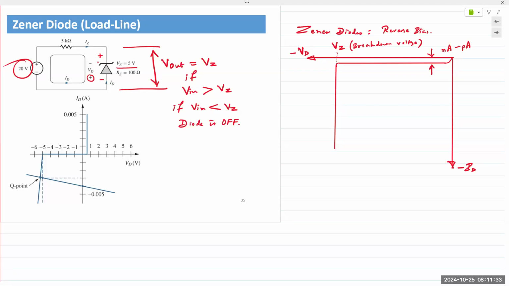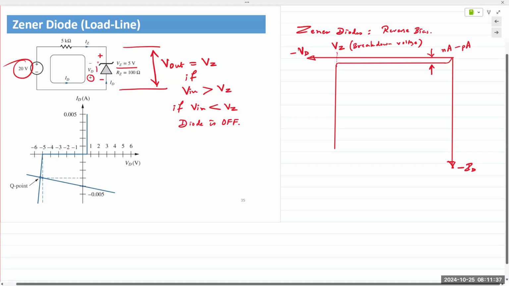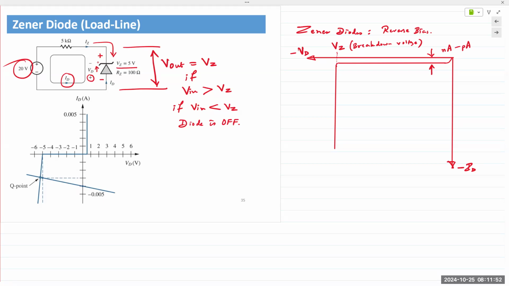And the same thing for the current. The actual diode current, of course, is always taken from anode to the cathode, which is ID, shown right here. But Zener current always follows this path. Again, because Zener diodes are used in reverse bias, the current is flowing in the opposite direction.